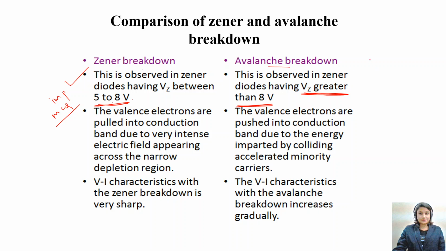Now let us say I have given you VZ equal to 6 volts. You have to think on your own which breakdown will be observed in the Zener, whether it will be Zener breakdown or avalanche breakdown.